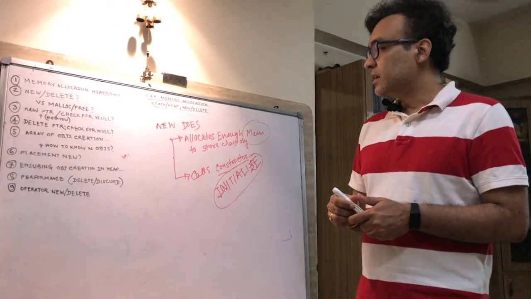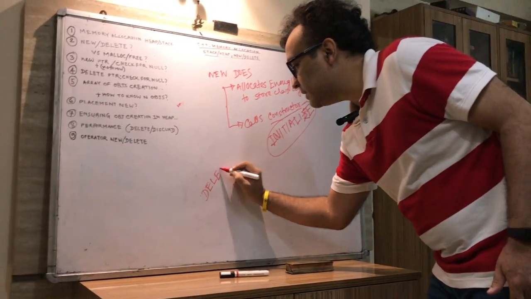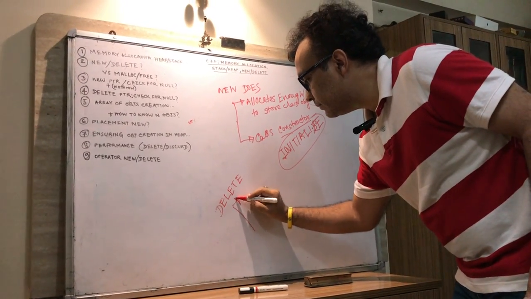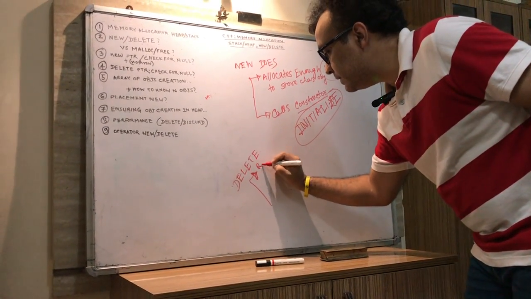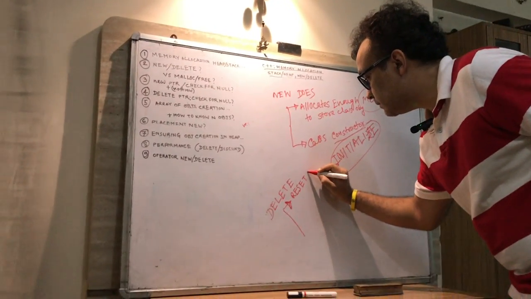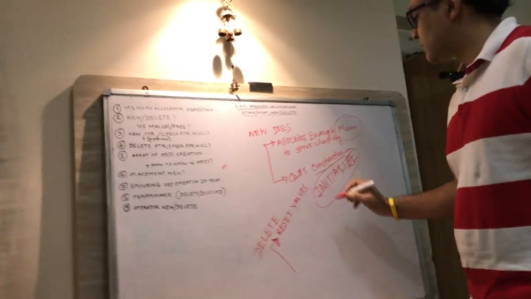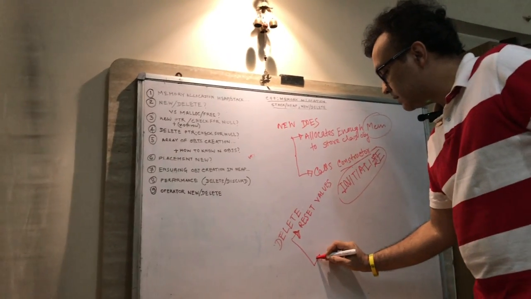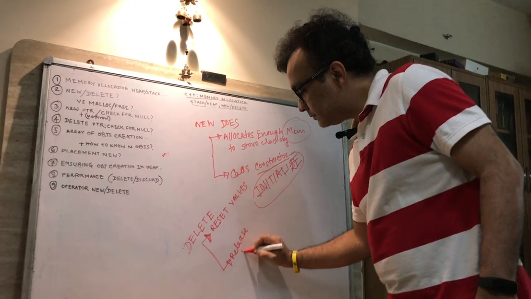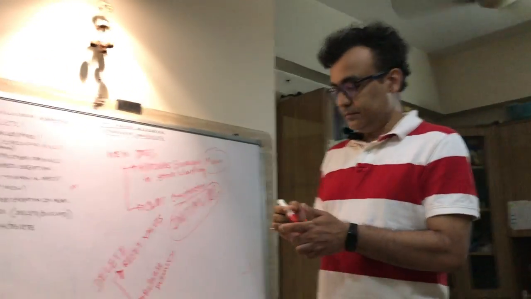And delete does the thing in the opposite way. What delete does is basically reset the values which have been initialized during the construction and release the memory by deleting the class object.